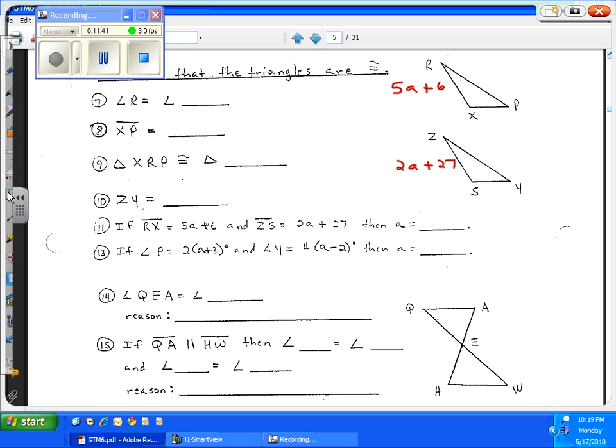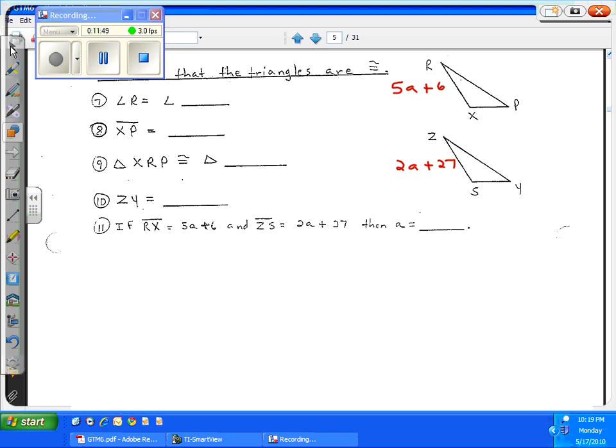And so we could write an equation, and I'm going to wipe out some board space here so we can see. And so we could write the equation 5a plus 6 is equal to 2a plus 27.